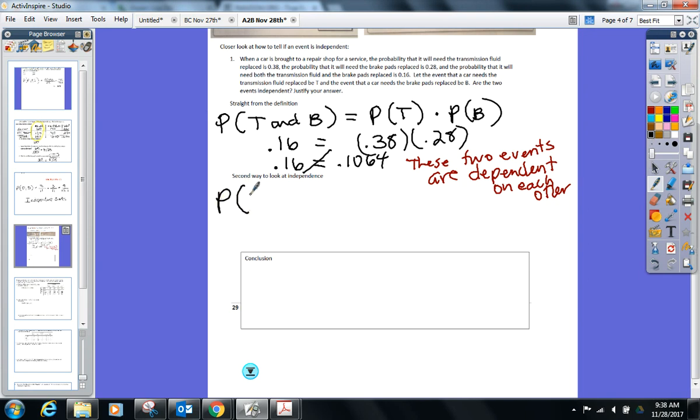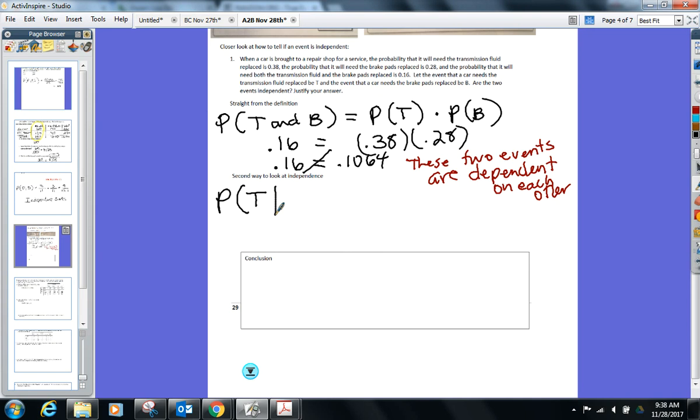Ready? Probability you need transmission fluid given you already got brake pads. Listen, I'm going to do my best here to make this clear. It shouldn't matter if you got brake pads or not. If these two events are independent, this probability should still be equal to the probability you got transmission fluid.